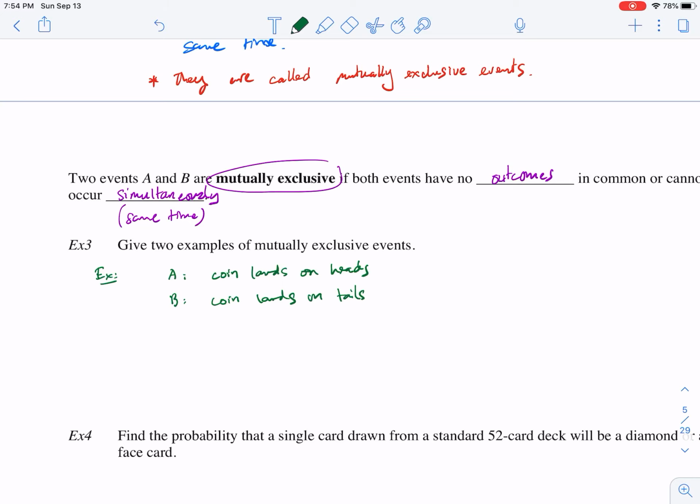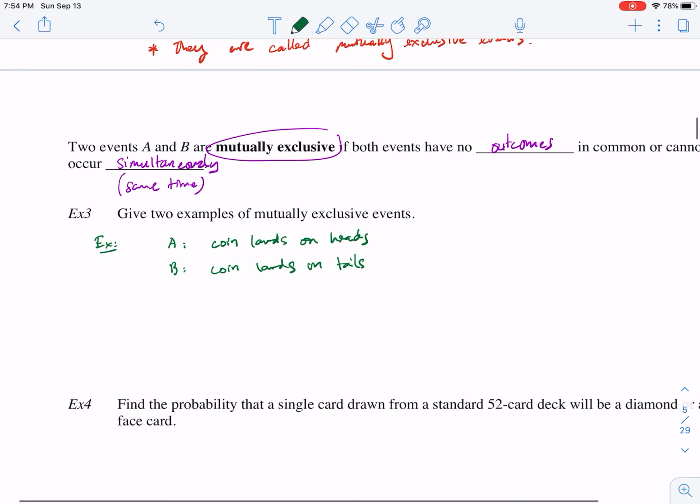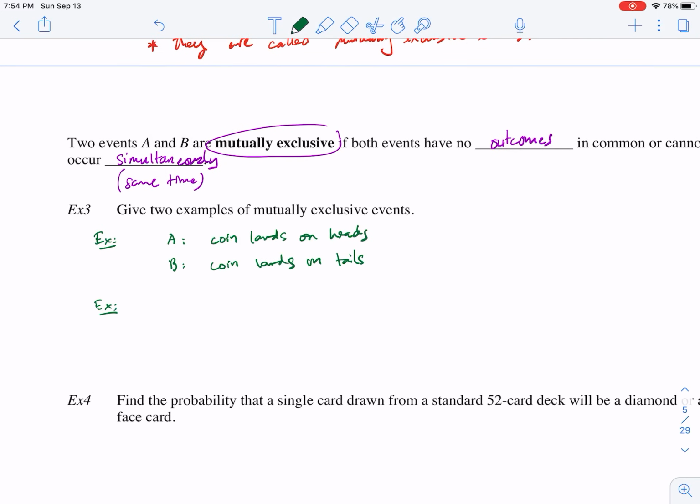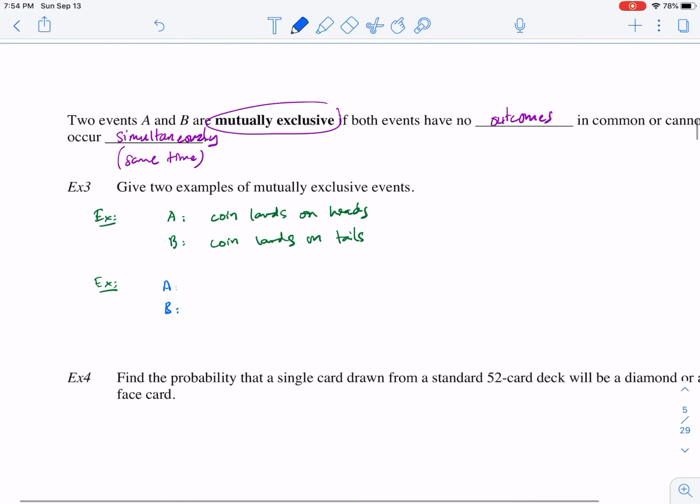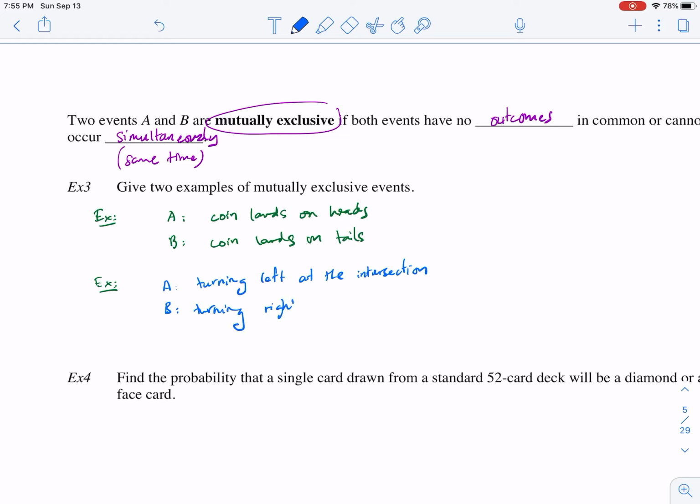Let's see here. Another good one is when you go through intersections. This one I got from a student here. Let A be the event of a car turning left at the intersection, and then B be the event of the car turning right at the intersection.